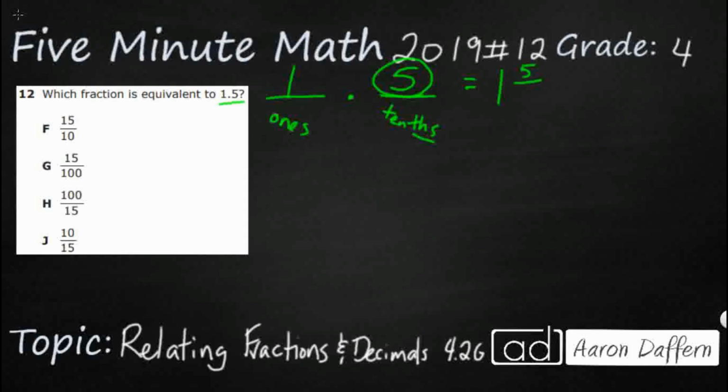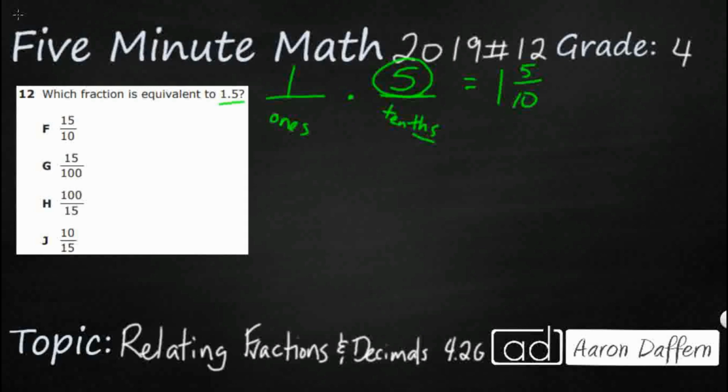And your denominator is going to be the name of the place where that final digit sits. Now this is simply a 1-digit decimal. It's just 5, so it's going to be sitting in the tenths spot, but sometimes they go multiple places and you find the last place. So 5/10, that means we're going to put 5 over 10. So it looks like it's pretty simple, 1 and 5/10.